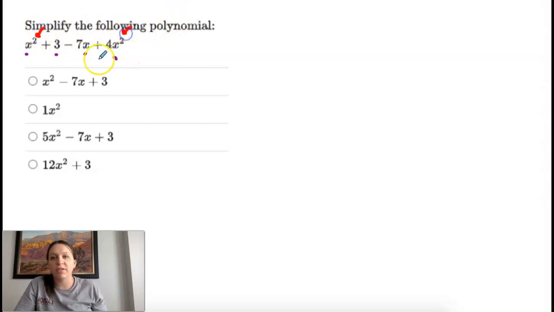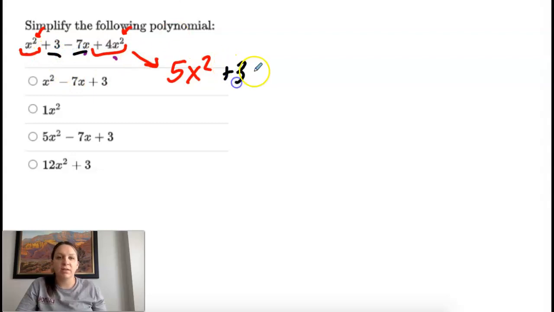So for this example, I have 1x squared plus 4x squared. And I'm going to combine the number, the coefficient in the front to 5 and keep the x squared. And then I still have the plus 3 and the minus 7x.